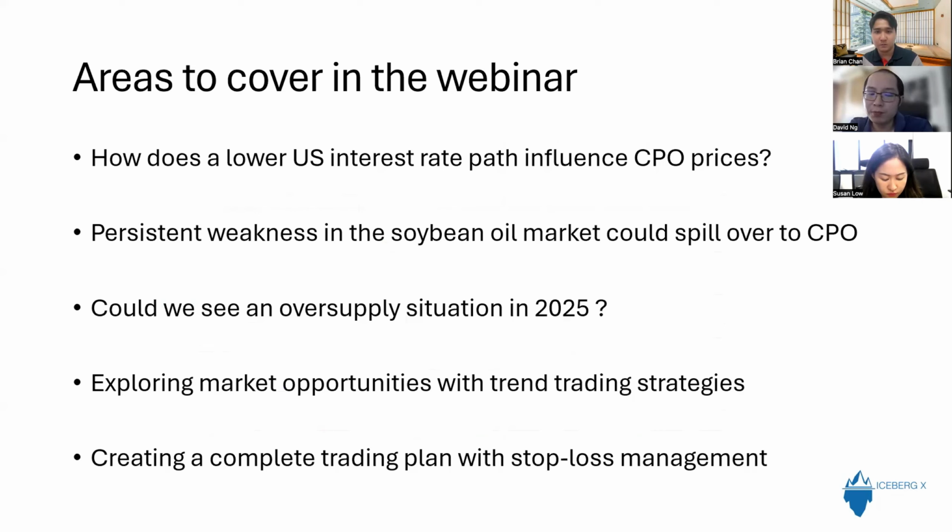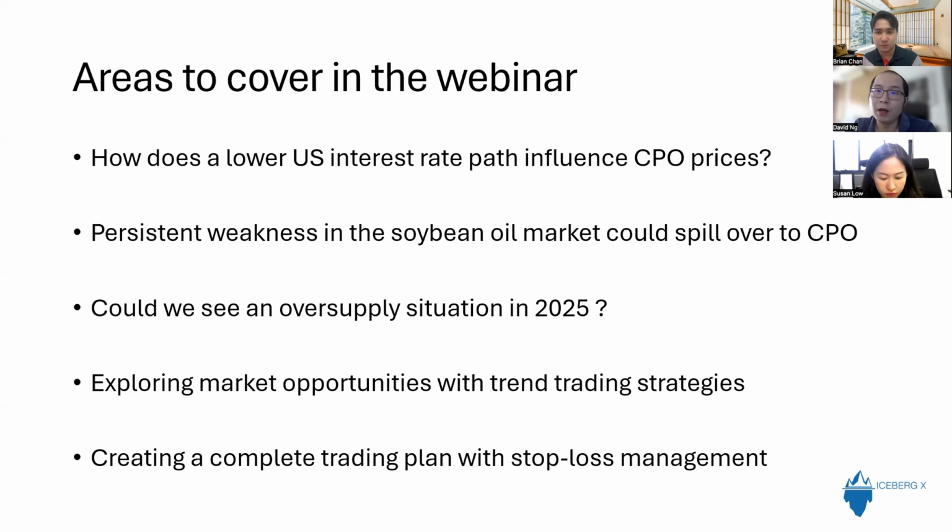So just to give some teaser on some of the areas that we're going to cover, firstly, we will talk much about the supply and demand dynamics, which are important considerations when you look at CPO. One of the major considerations also is to look at external factors like the US interest rates or even political developments affecting the CPO market.